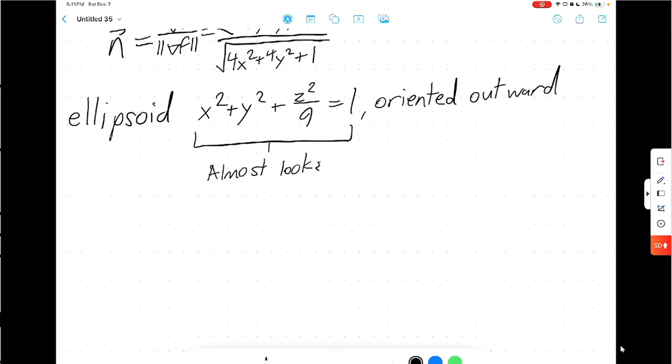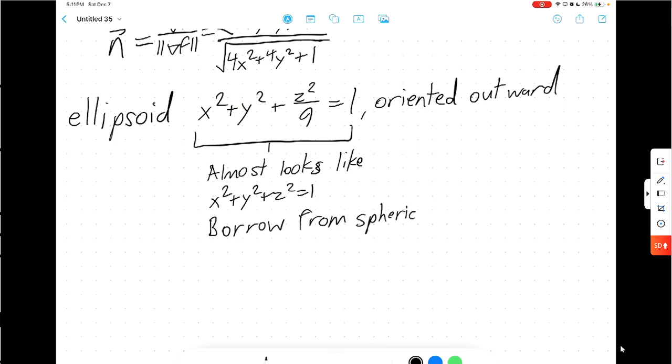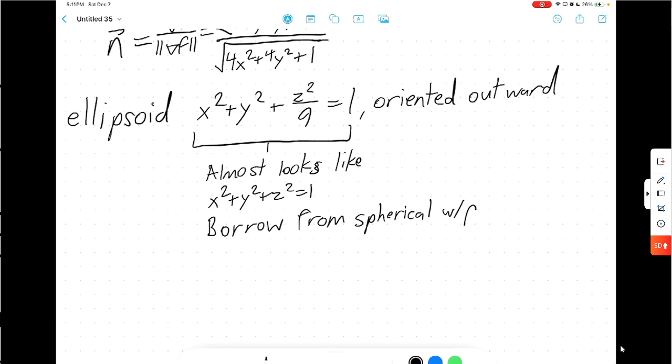This almost looks like x squared plus y squared plus z squared equals 1. Borrow from spherical with rho set to 1.